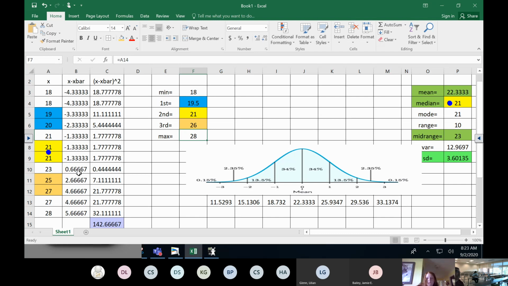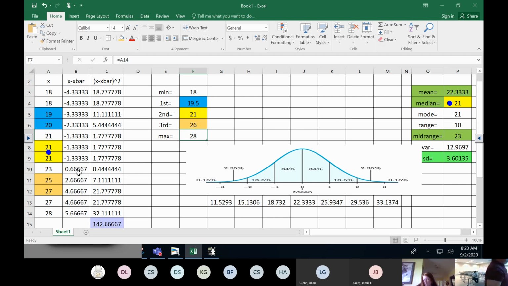Now I'm going to show you how to do the box plot, and it's real simple. The box plot is going to consist of two things: the number line and the box.